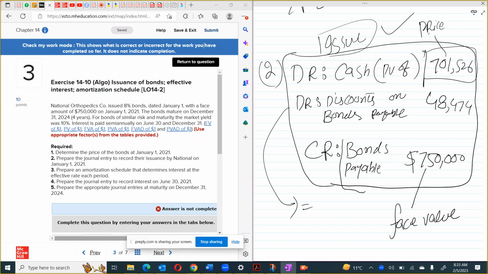Now it runs automatically because the formula is saved. Now I need only the bond interest expense. The next amount is 711,932 times 5%, which is 35,597.